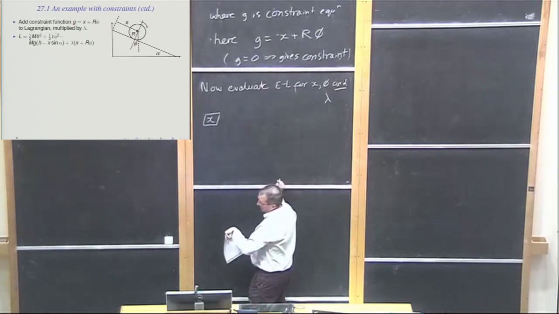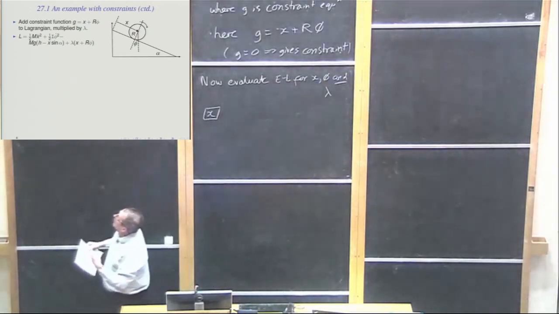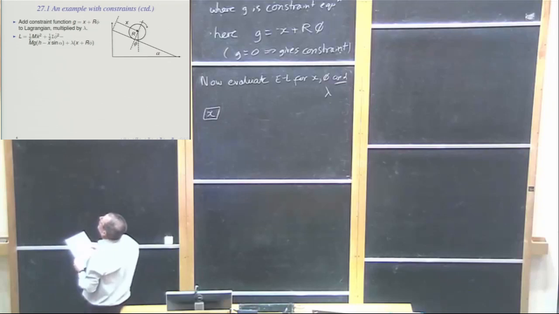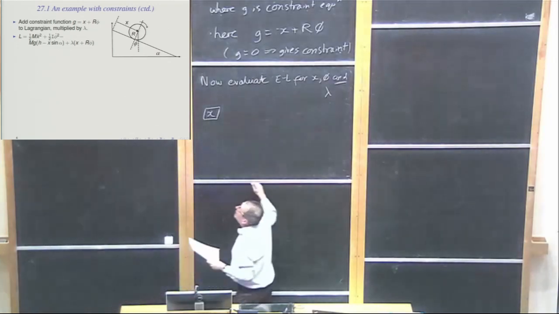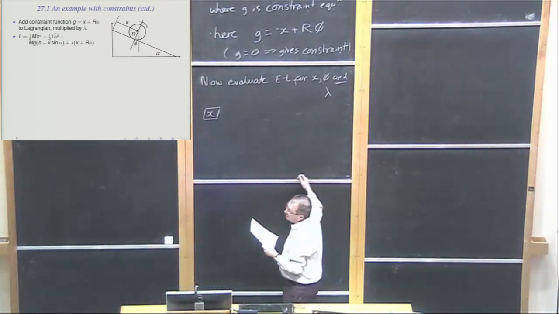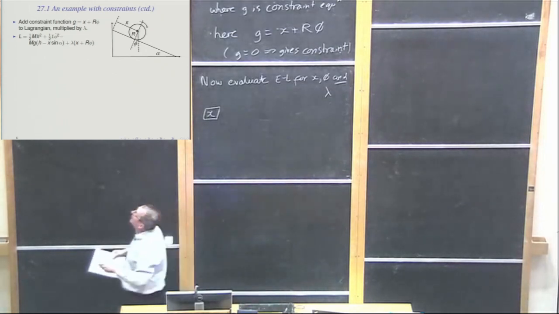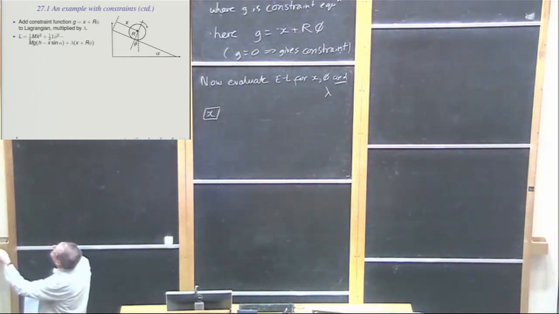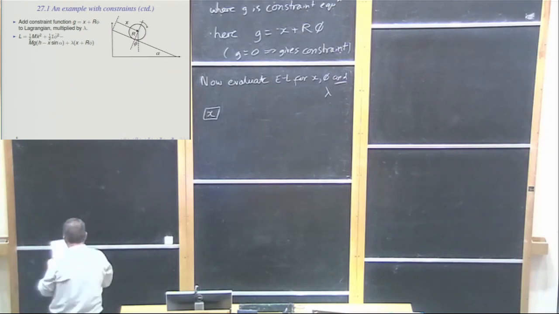So again, to be efficient, I hope you'll allow me just to write down the equation we get from the application of the Euler-Lagrange. So it's just as before, but now when we do dL by dx, we're going to pick up an extra term, which is just lambda.